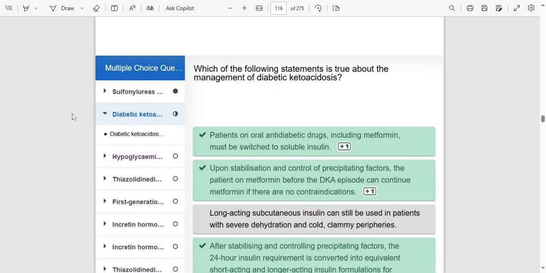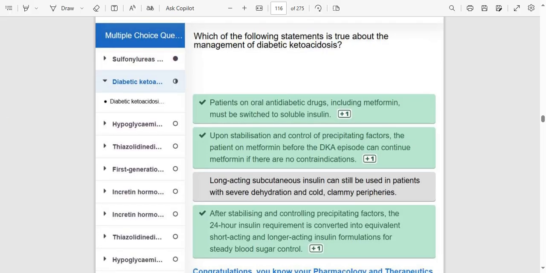Which of the following statements is true about management of diabetic ketoacidosis? Patients on oral antidiabetic drugs, including metformin, must be switched to soluble insulins. Upon stabilization and control of precipitating factors, patients on metformin before the diabetic ketoacidosis episode can continue metformin if there are no contraindications.